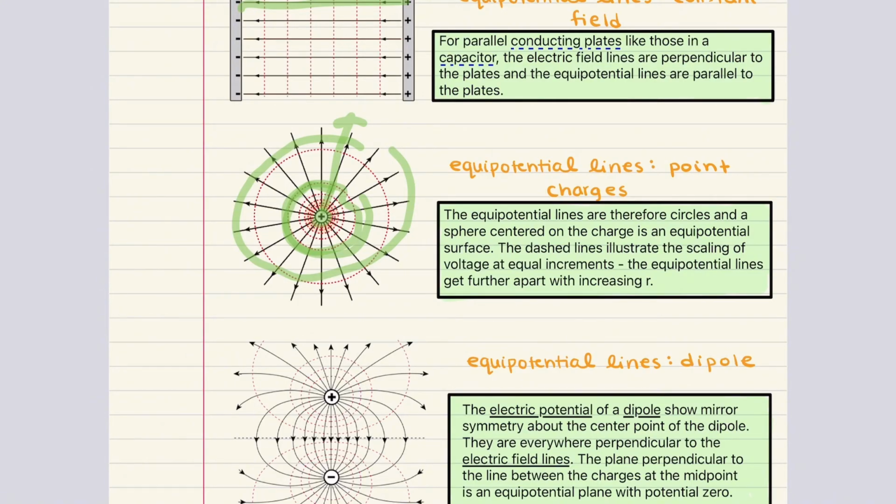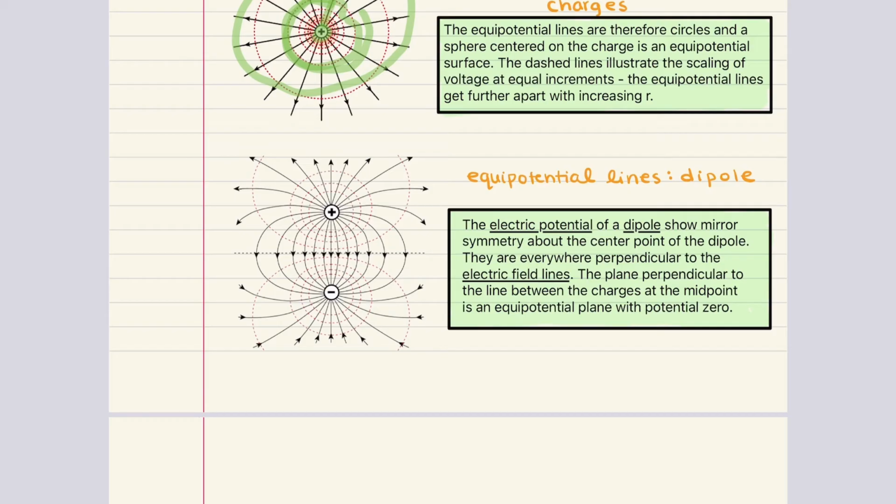The third case is the electric dipole. A dipole consists of two equal but opposite charges, and they're separated by a small distance. The electric field lines around a dipole are more complex because of the interaction between the positive and negative charges.